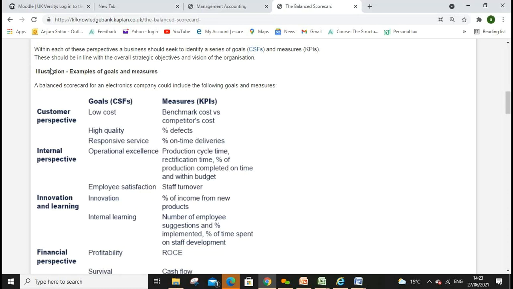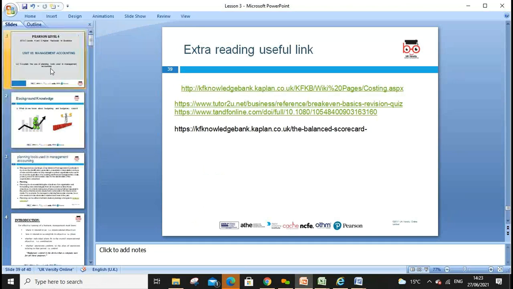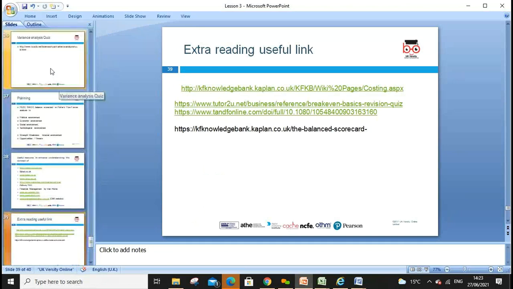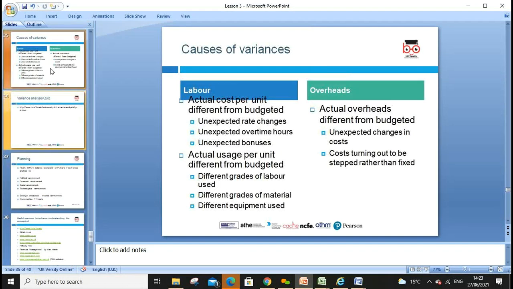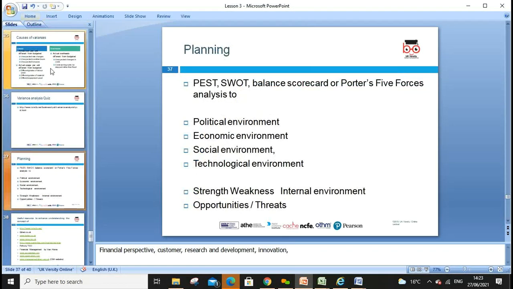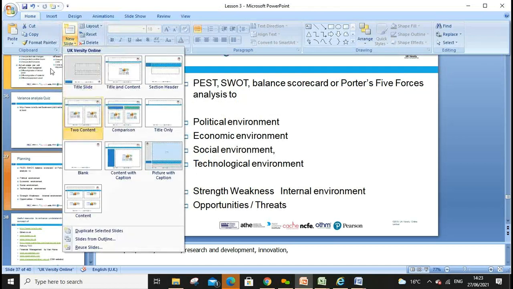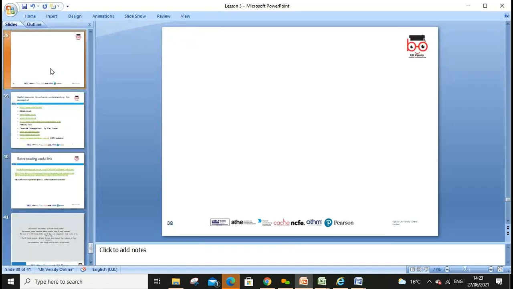For the customer, the critical success factor is low cost. For the internal perspective, it is high quality. Innovation implies satisfaction. For the financial perspective, it is profitability; if we don't have it, we can't sustain a business.